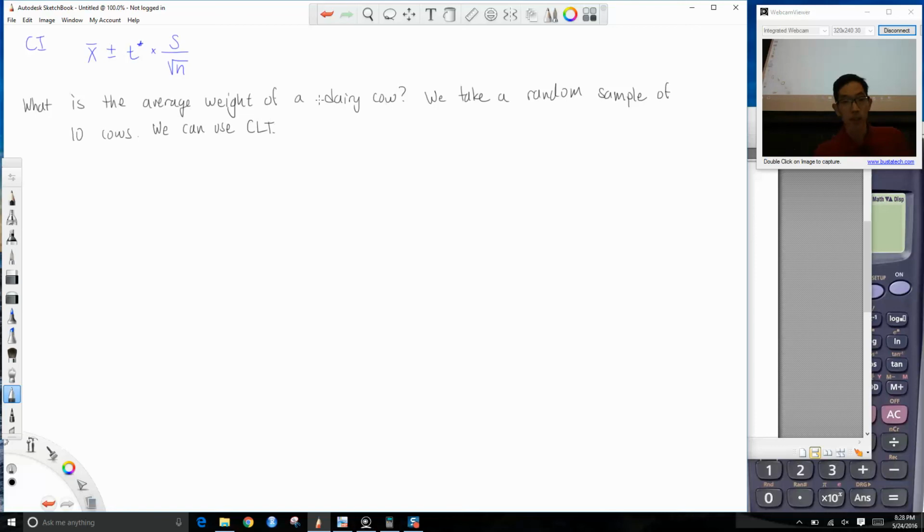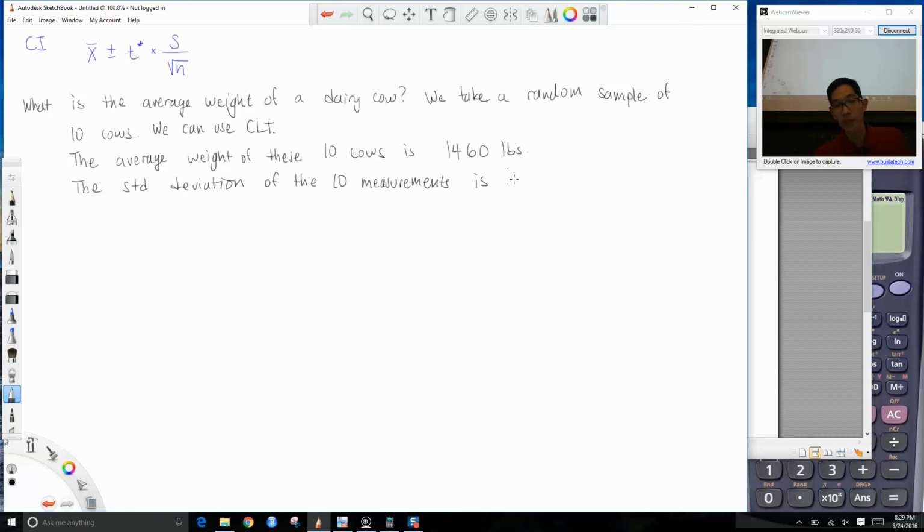We'll say the average weight of these 10 cows is 1,460 pounds, and the standard deviation of these 10 measurements is 163 pounds.